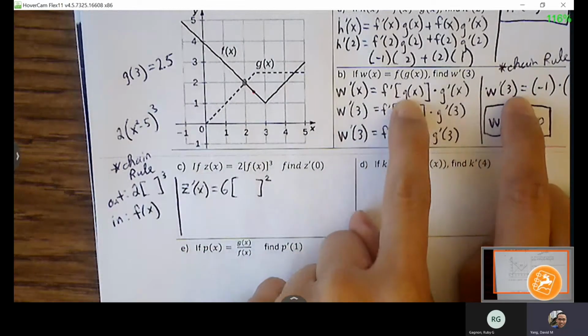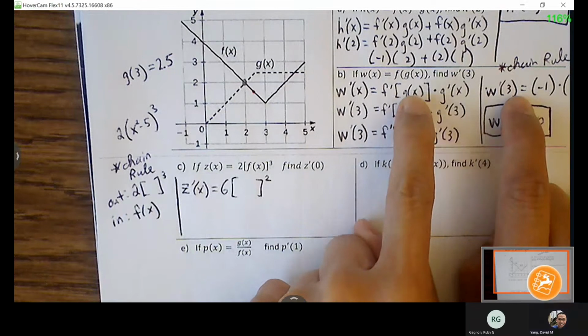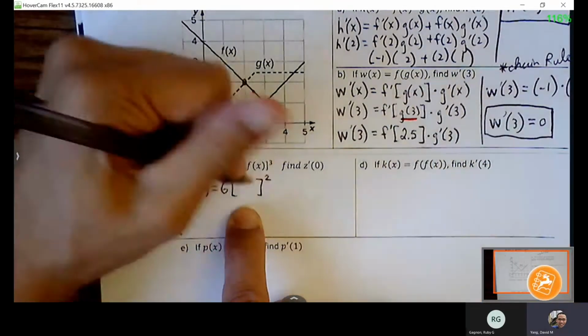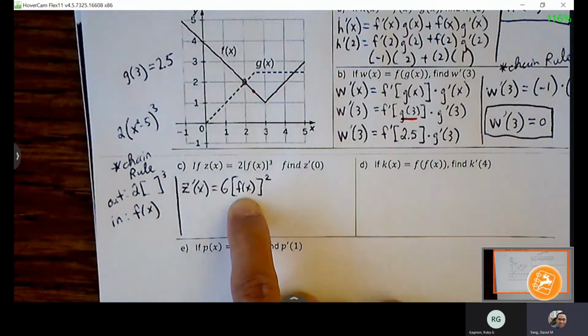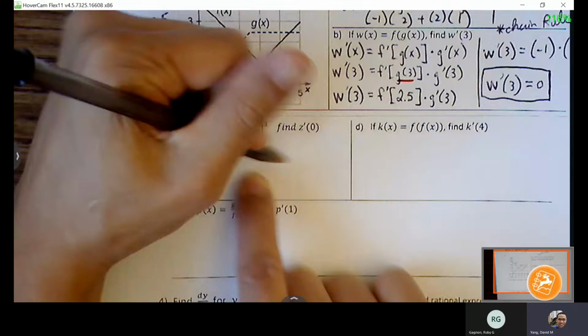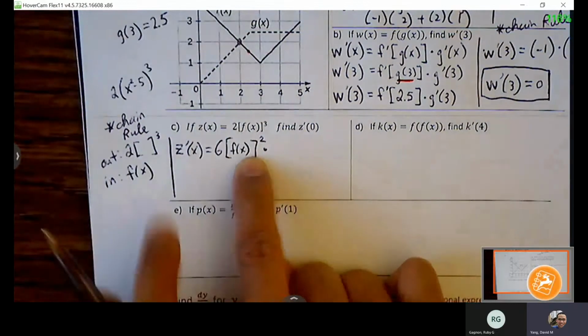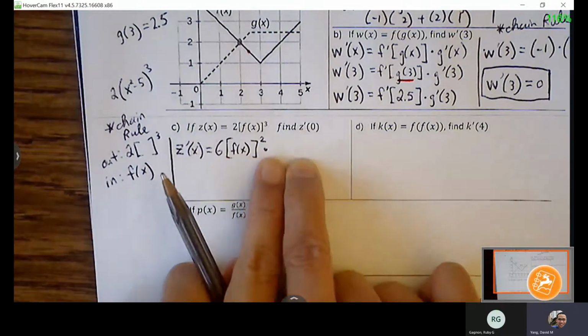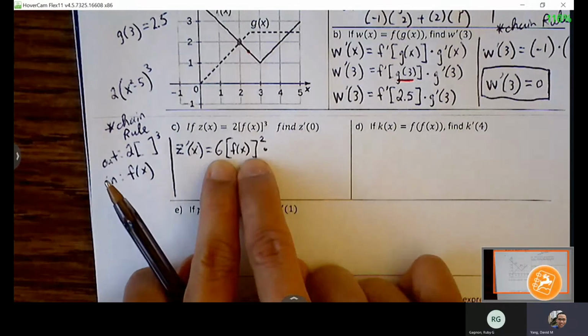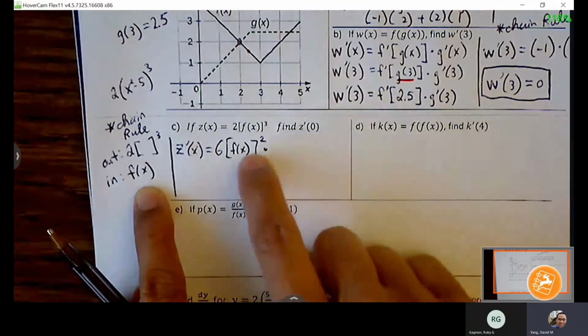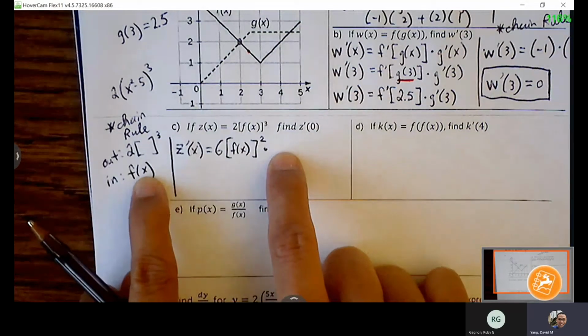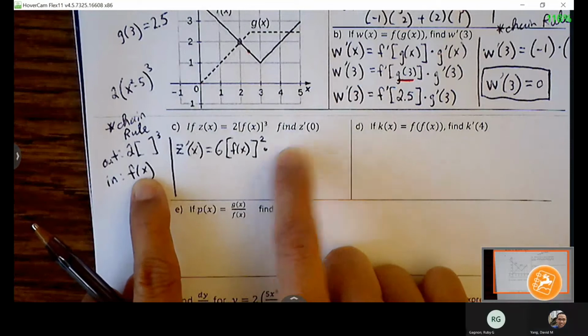When we take the outside derivative, what do we do with the space? You put the same function in, because we're not ready for the inside derivative just yet. Now that we have the outside function's derivative, we're ready for the inside. The inside derivative is going to be in a separate area. It's not going to be inside this portion, it'll be out here. So what's the inside's derivative? f prime.